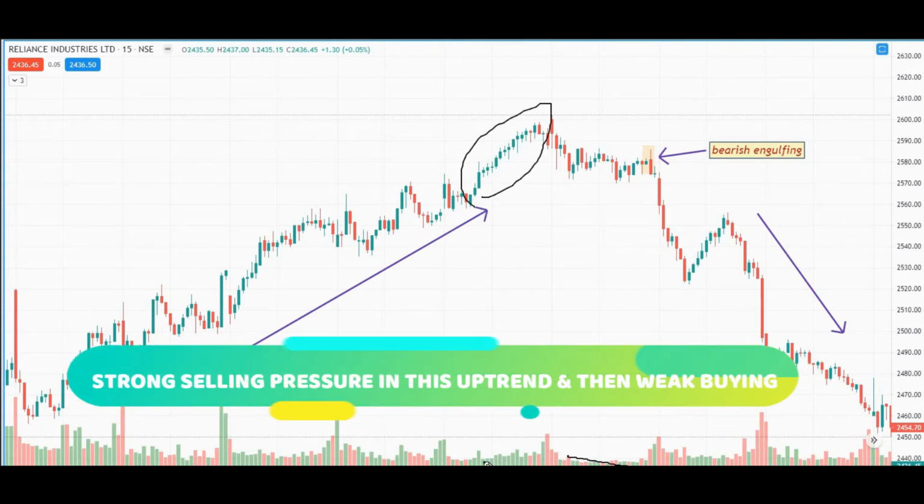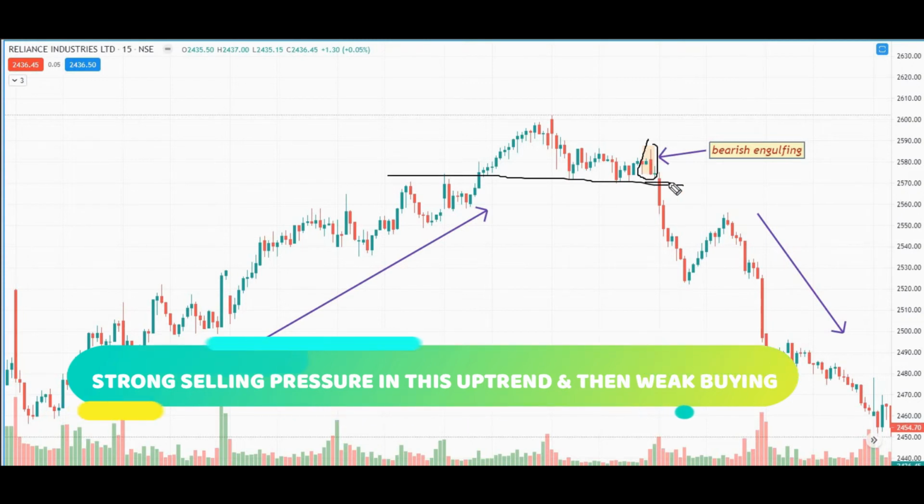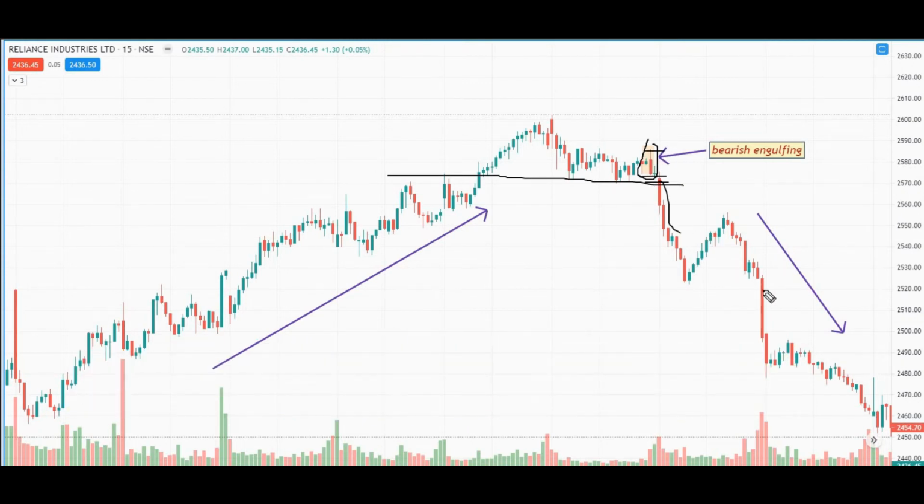Previously the volume was very good, but after this selling momentum with very good volumes, the volume died down. See, and the buying pressure is also very weak, and then we saw a bearish engulfing pattern, and this was a very important support level which broke that support level, sell, SL, see the huge downside momentum after that.